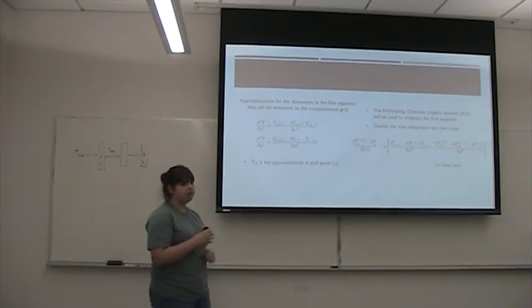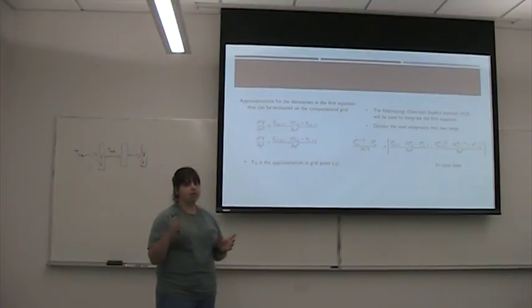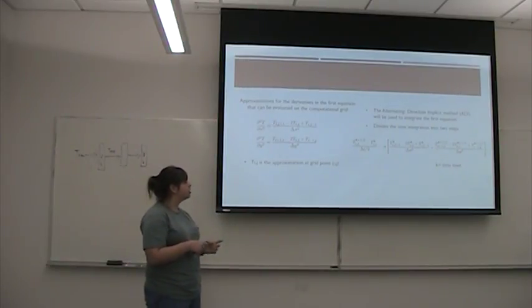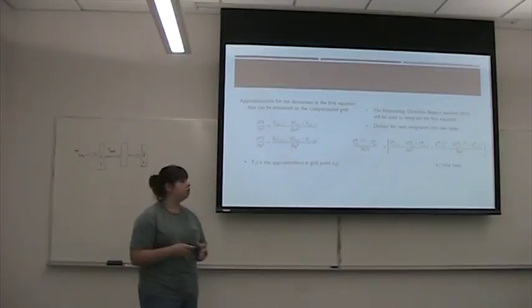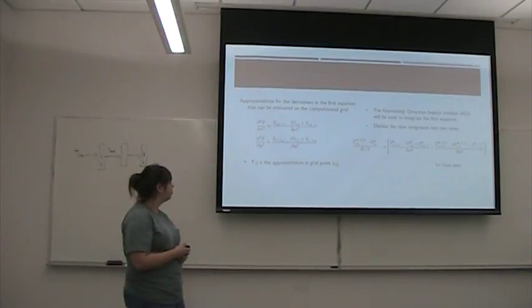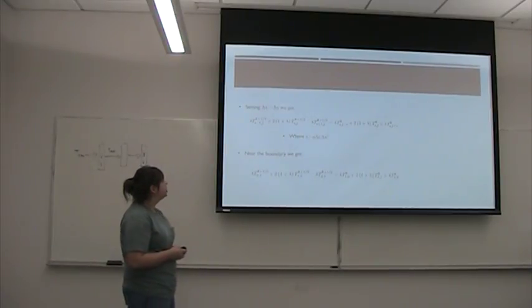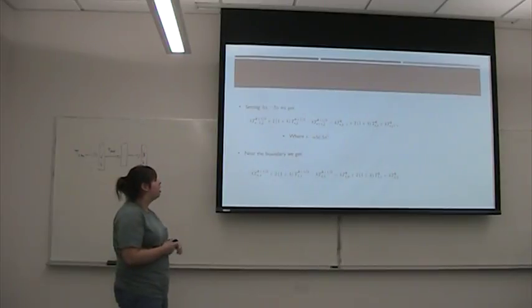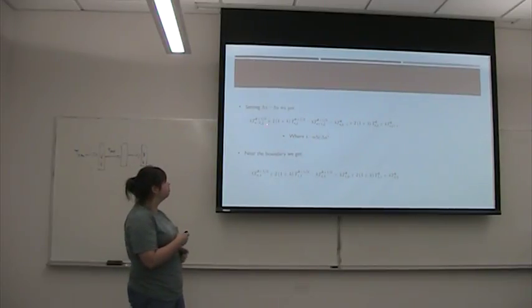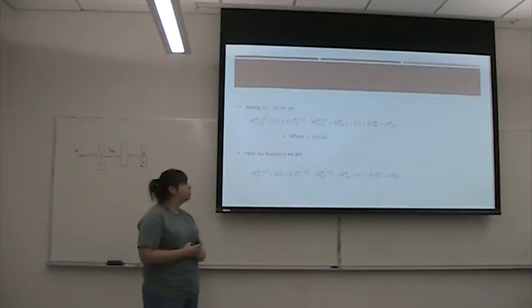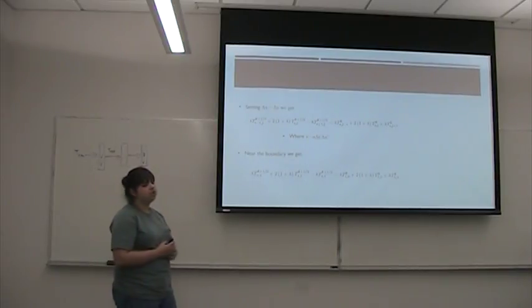So we're going to be increasing our delta t at a time rate. And K is just an integer from 1 to a certain number. So now setting delta x and delta y equal to each other, we get this right here, where our lambda is alpha times delta t over delta x squared.